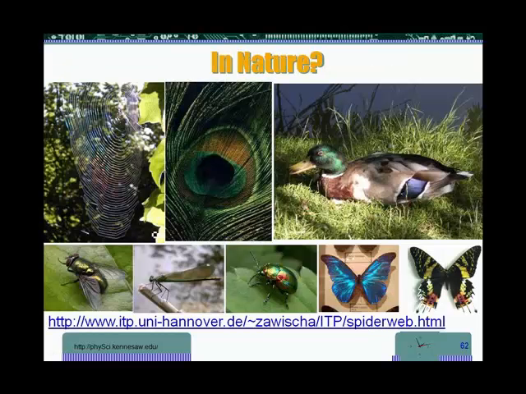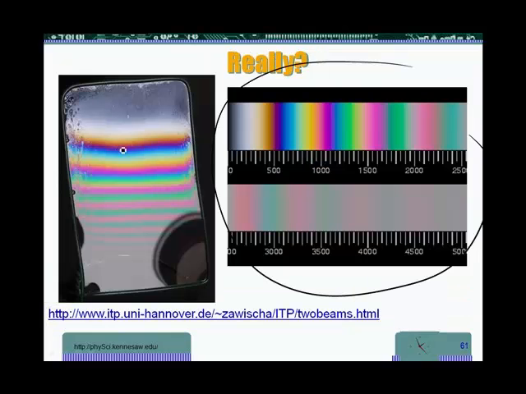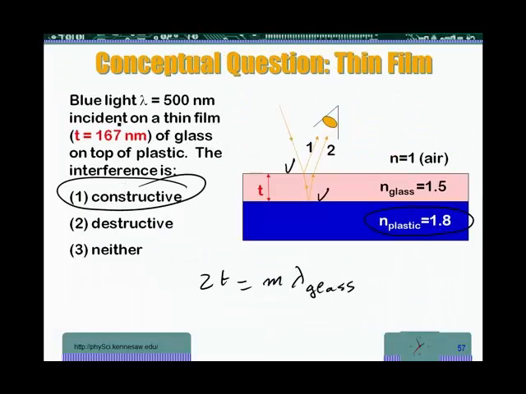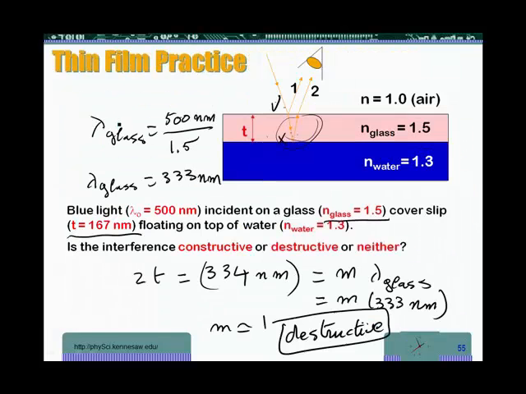Now in nature, like this is a thin film, what we have is air. Actually, let me go back to the soap film. So in the soap film, what do we have? Air, film, air. So my third medium is the air.